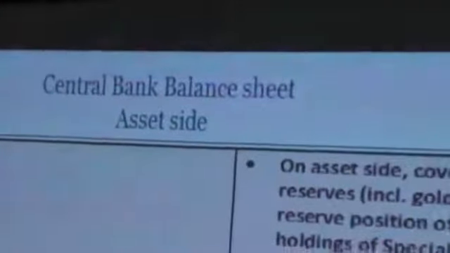And short-term liabilities to foreign central banks, including their deposits, swap facilities, overdrafts, and some medium and long-term foreign debt. So use of IMF credit by the country. You see the IMF credit always comes up because this is a very important item in terms of whatever transactions you're dealing with the central bank. So at the end of the day, we always talk about the IMF as policy makers, as policy directors. They give you policy. But they are also a bank at the end of the day because they do lend you money.